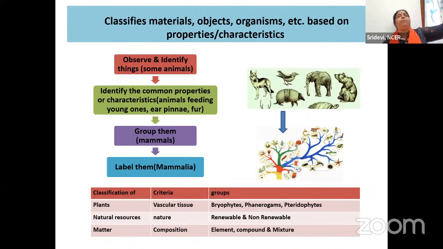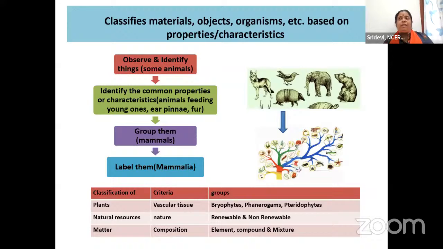Simply writing on the blackboard and expecting the child to classify would not serve the purpose. A teacher has to give an opportunity for the children to observe things. That means a teacher can show some pictures, some objects, some real things, some videos, depending upon the availability and accessible materials, the teacher can take a call. But show something. Let them see, let them feel, let them touch, and then identify the things.